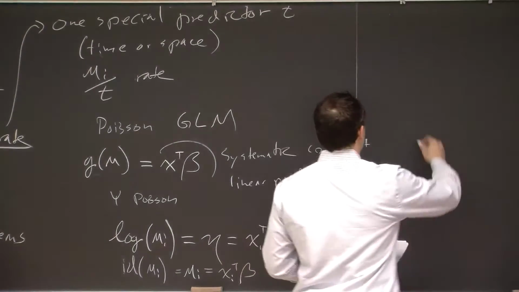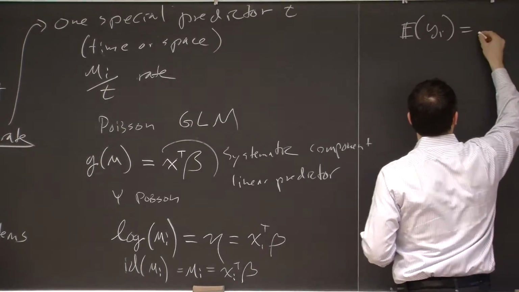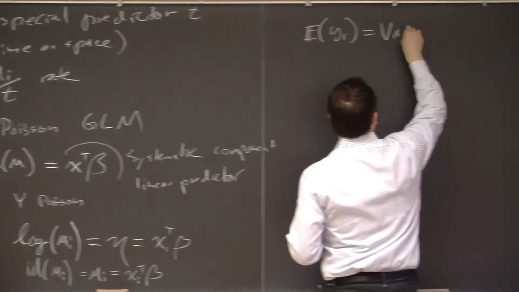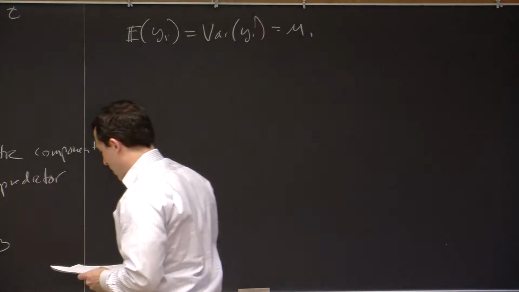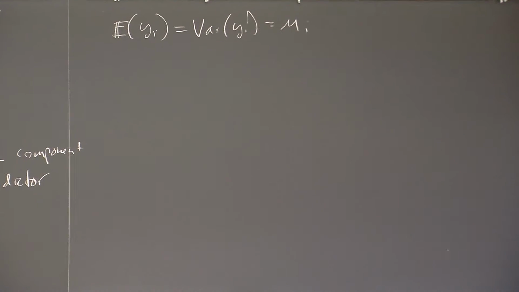Of course, the variance is equal to the mean in the case of a Poisson. When you do such a Poisson regression for some real data, you'll often find that overdispersion happens because of some missed variable.